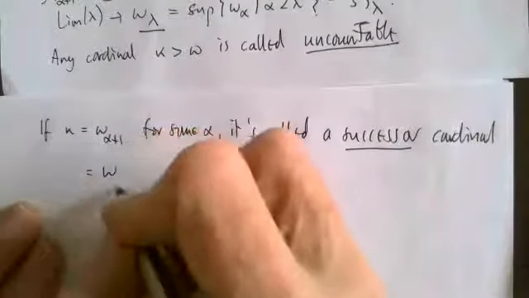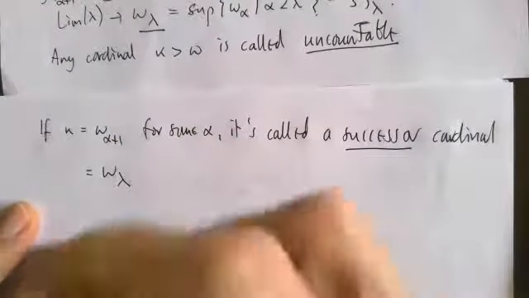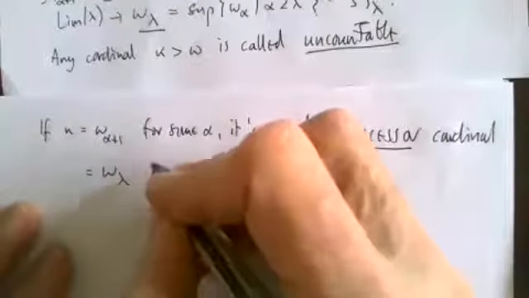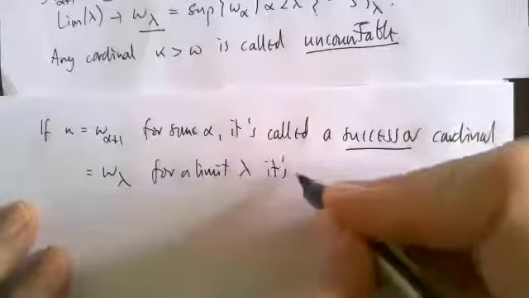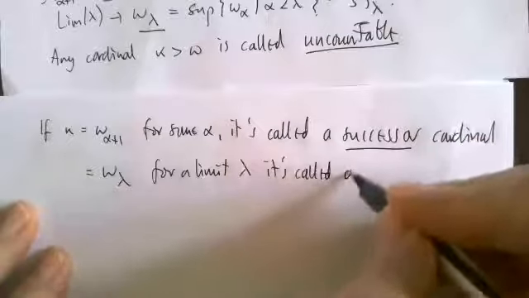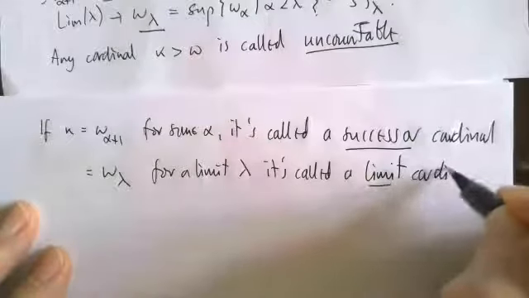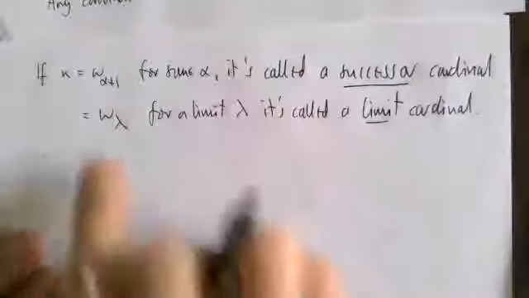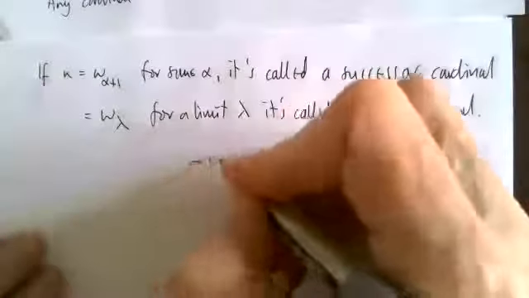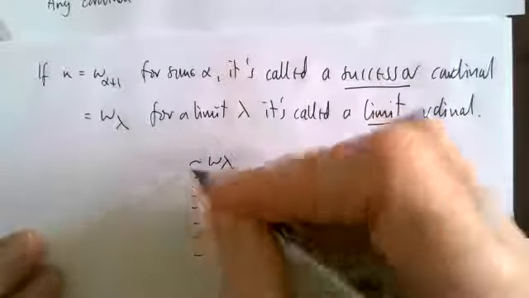On the other hand, if it's the lambdath cardinal in the enumeration of the infinite cardinals, for limit lambda, it's called a limit cardinal. A limit cardinal is always of the form supremum of previous cardinals.